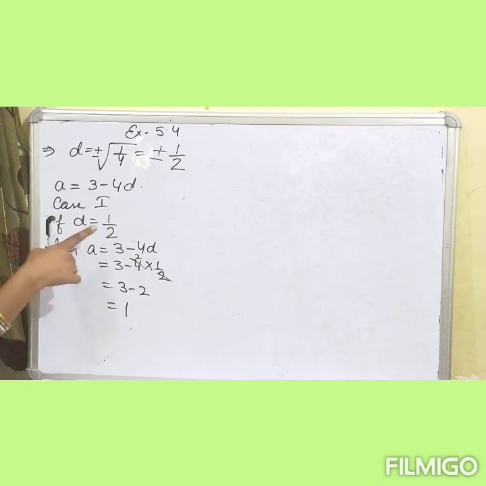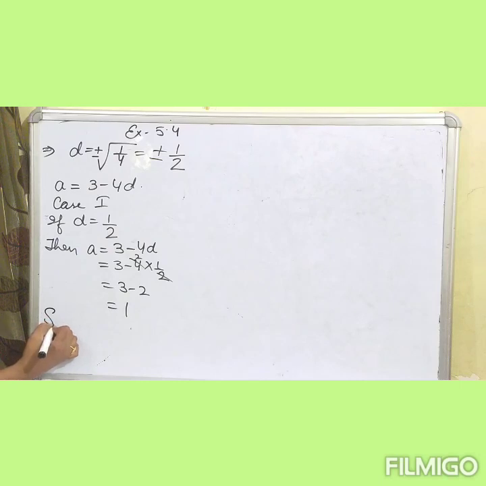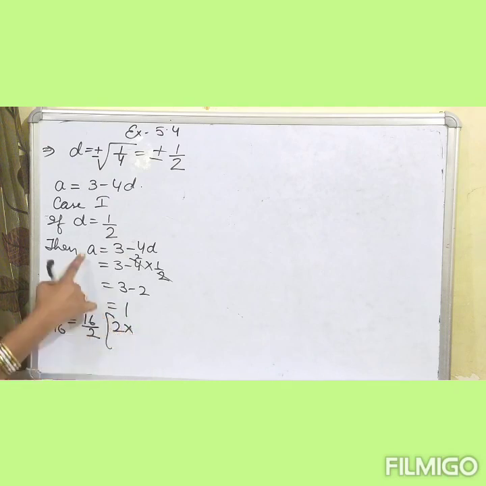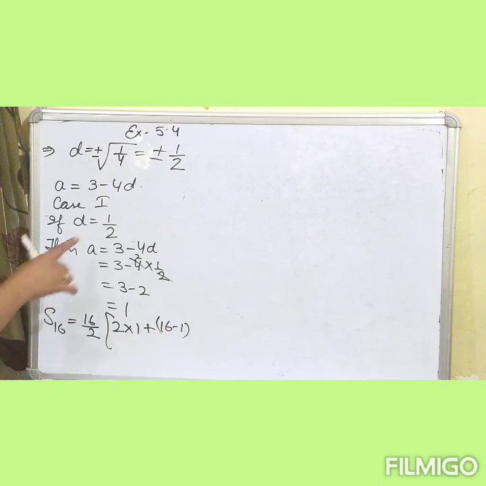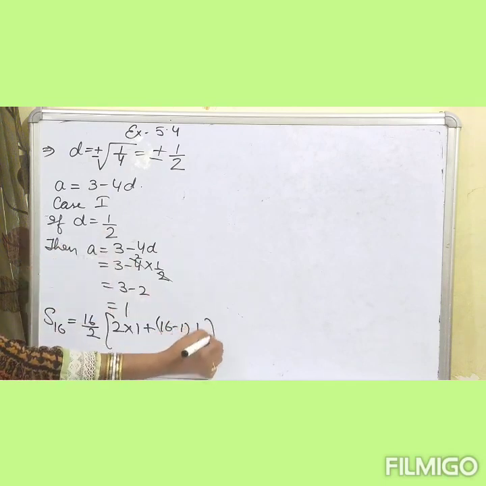And if D is 1 by 2 and A is 1, then what will be the value of S16? Because we have to find out the value of S16. So we can apply the formula now. We have both these values A and D. The formula for S16 is 16 by 2, into 2A, A means 1, plus N minus 1, that means 16 minus 1, into D, D means 1 by 2.